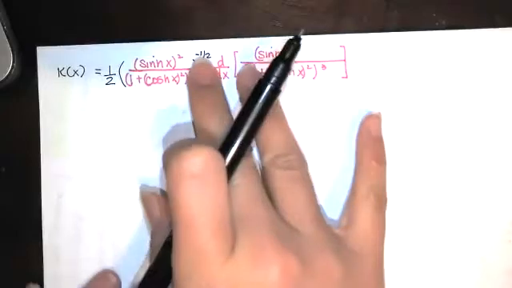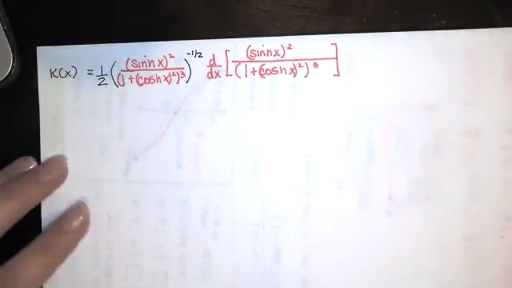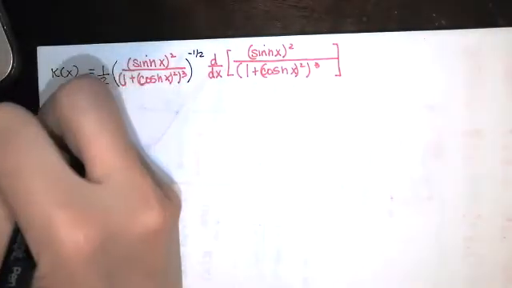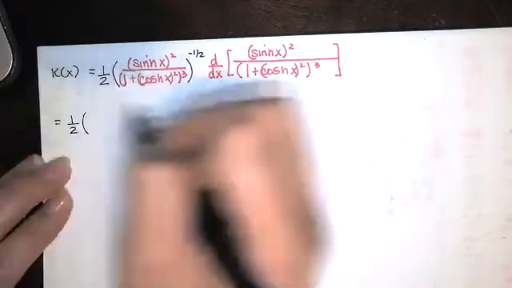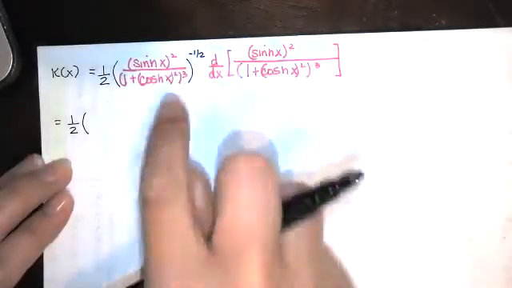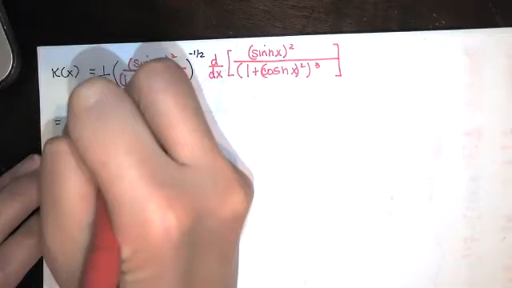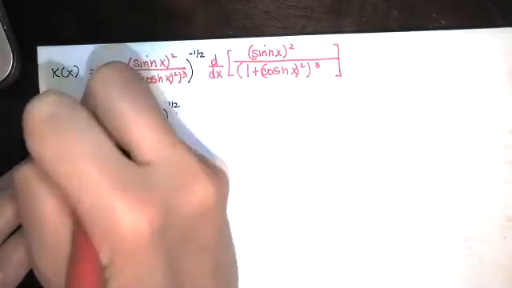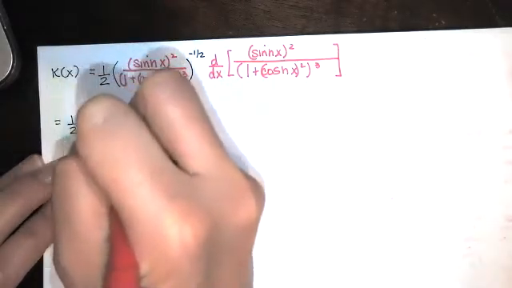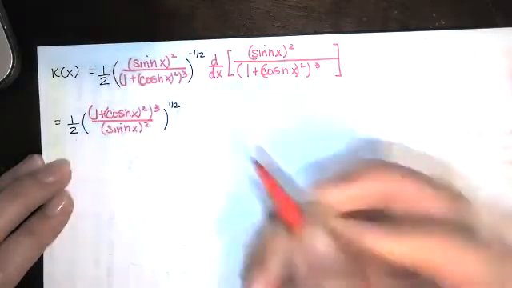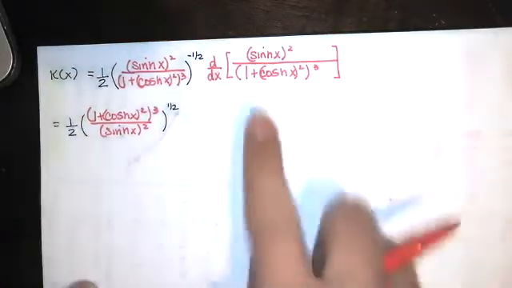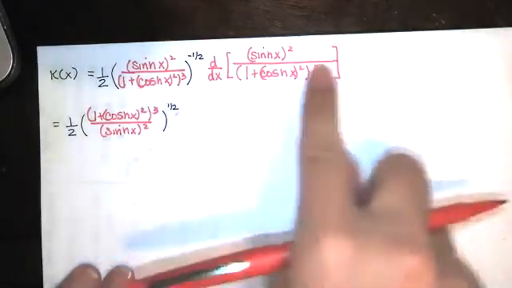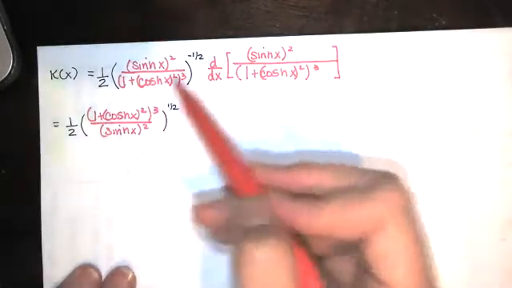So I can take this negative 1/2 and I can rewrite that as the same expression to the positive 1/2 if I flip the numerator and denominator. So I'll have a 1 plus hyperbolic cosine of x squared, all cubed, all divided by hyperbolic sine of x squared. Okay, and then over here, we want to take the derivative of the inside function.